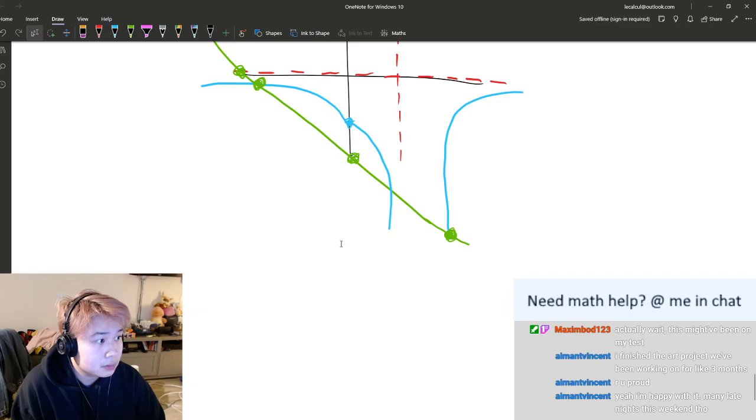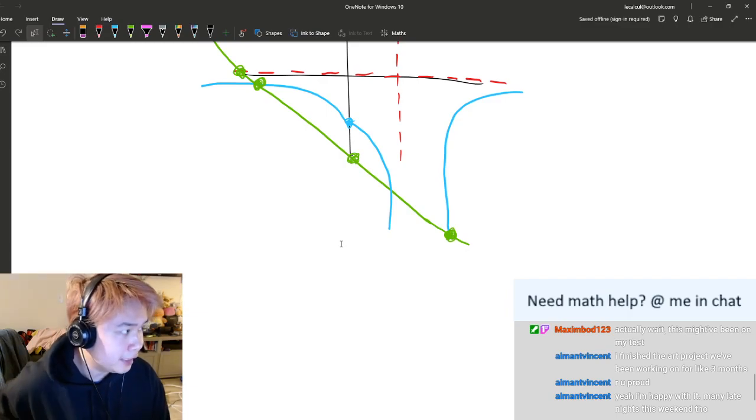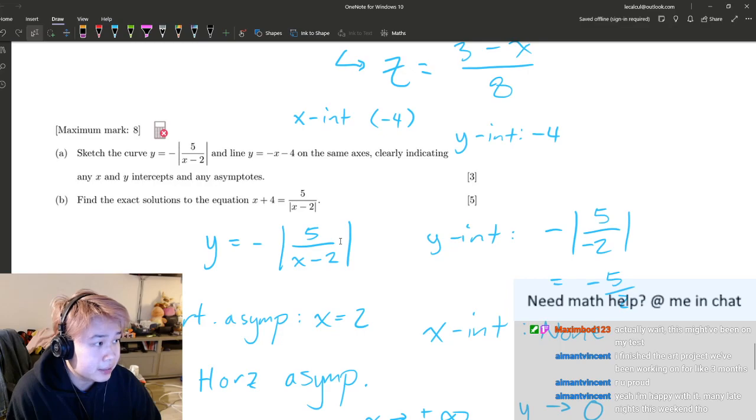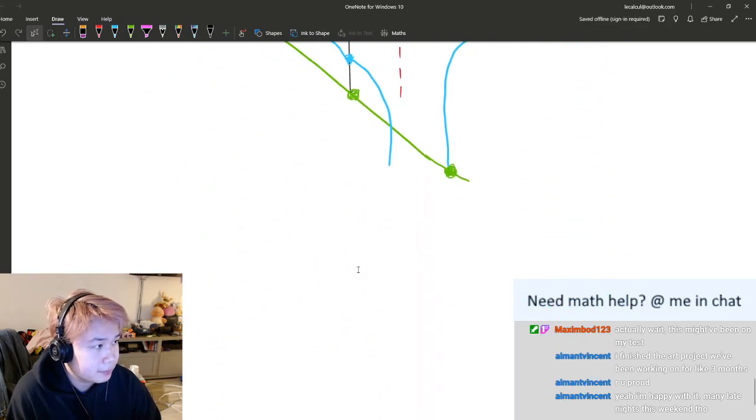And to do any sort of algebraic solving with absolute values, you always need to split this into however many situations you need. In this case, I need 2. I need to find out what x values make this entire fraction negative and which ones make it positive.